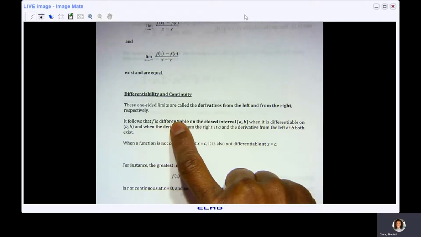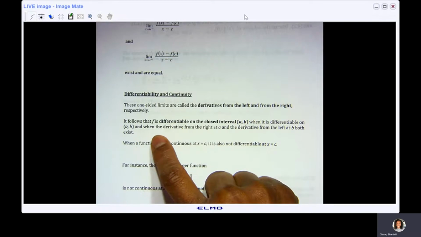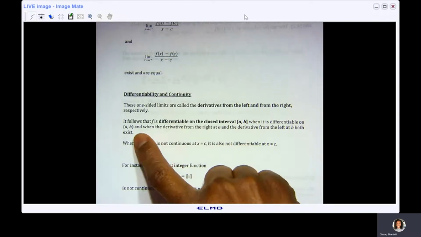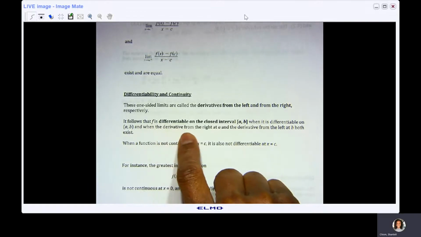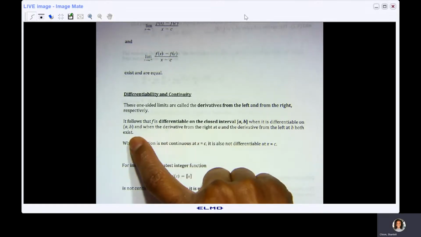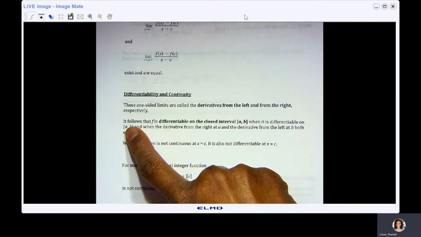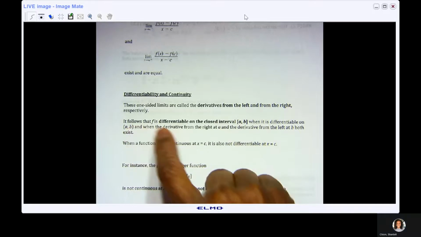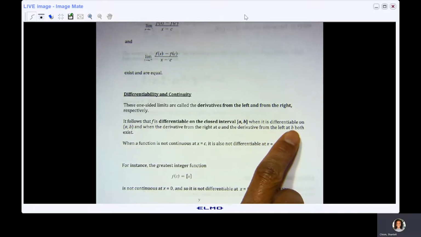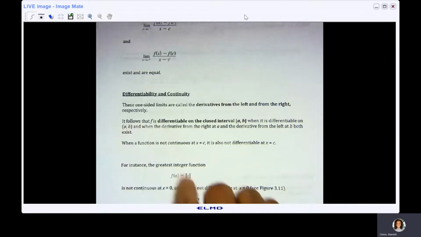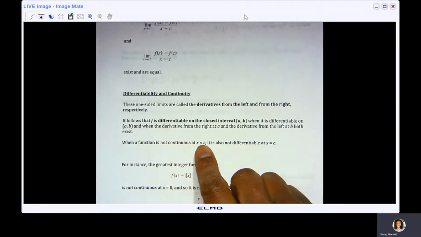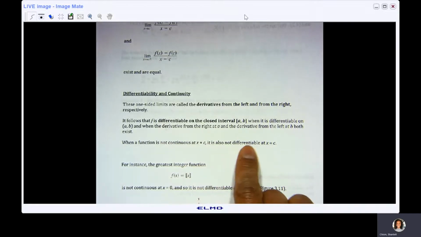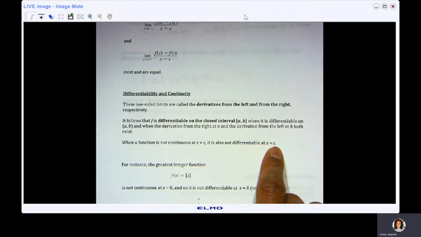So when the derivative from the right at a, coming towards a from the right, and the derivative from the left, coming towards b from the left, both exist. When a function is not continuous at x equals c, it is also not differentiable at x equals c.